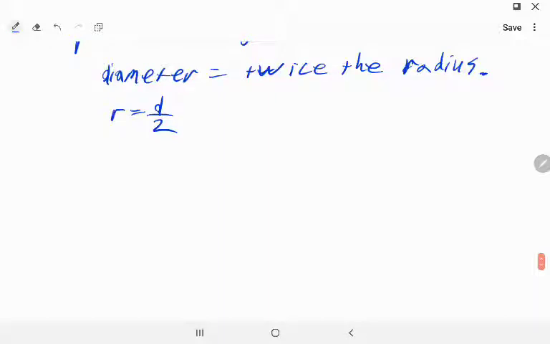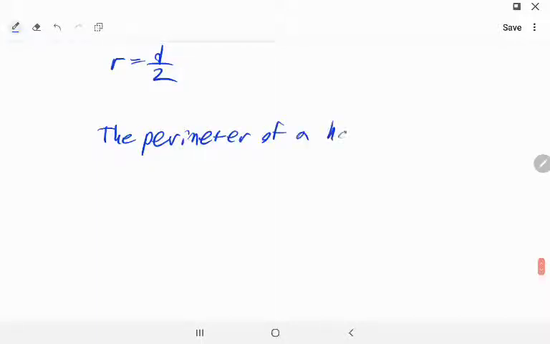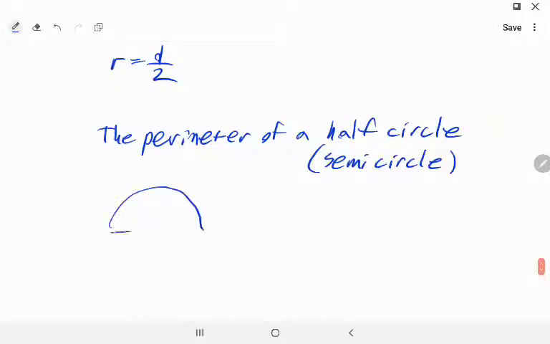Once in a while we'll see things like half circles or quarter circles. We notice that the perimeter of a half circle, also sometimes called a semicircle, we have to be careful because now we have to think about that radius.